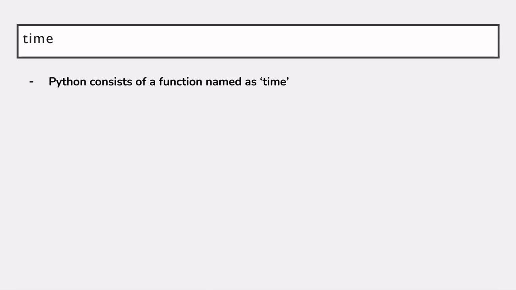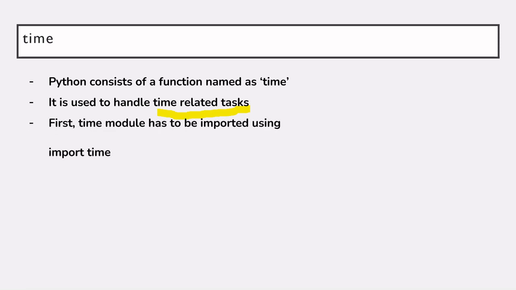So let's discuss the time function. Python consists of a function named time, which is used to handle time related tasks. First, we have to import the time module by using the statement import time.